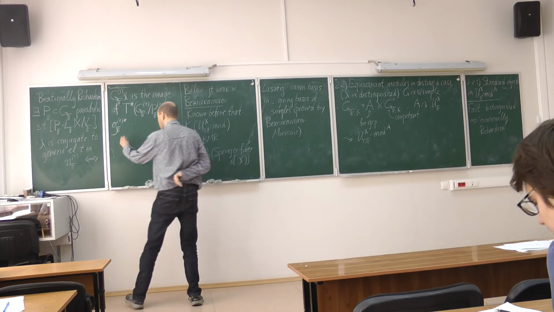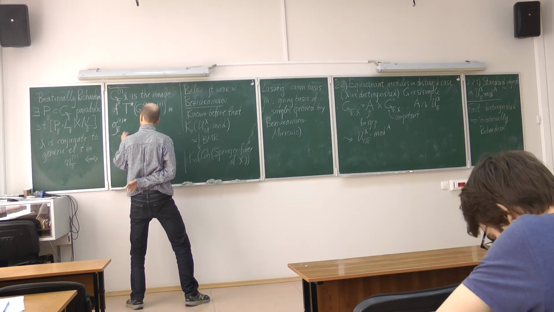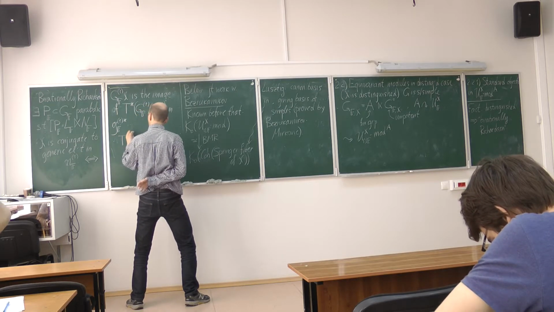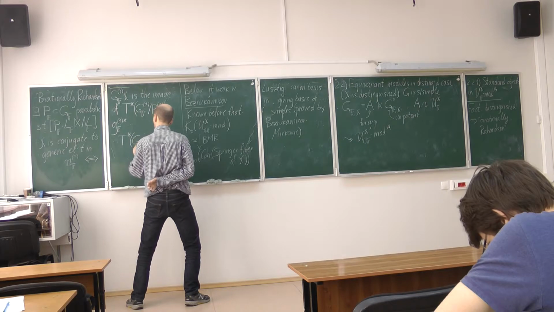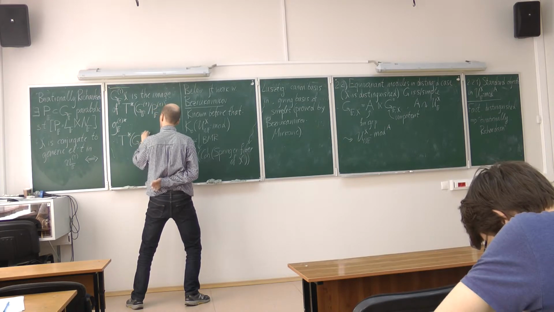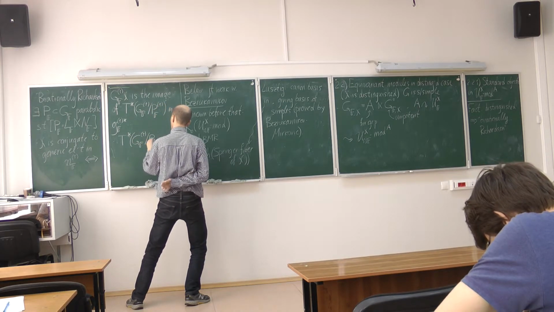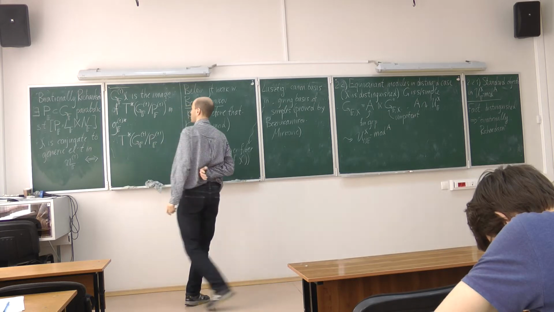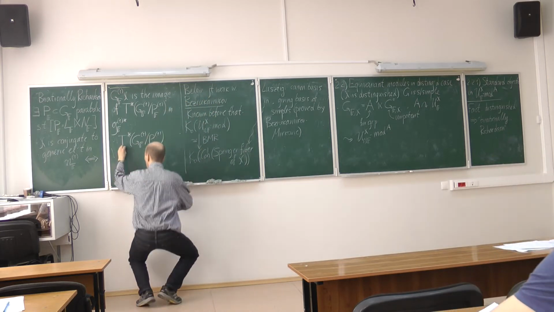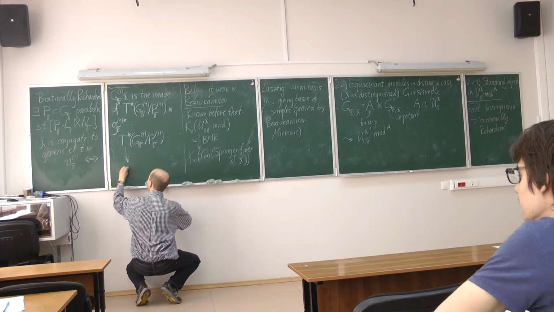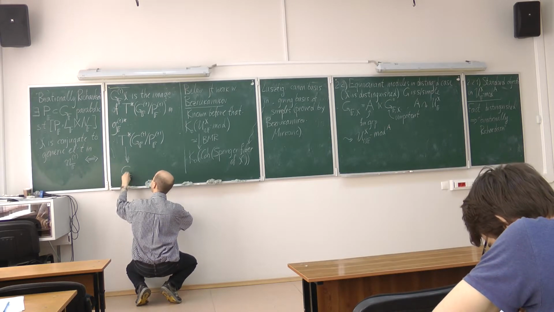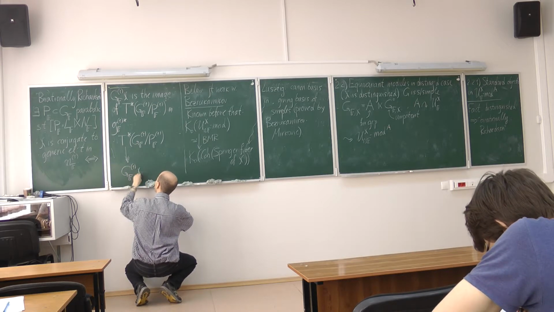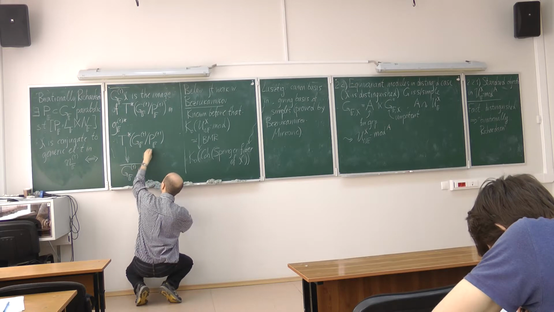Now what birational refers to is that this map from GF1 mod PF1 to the orbit closure is birational.